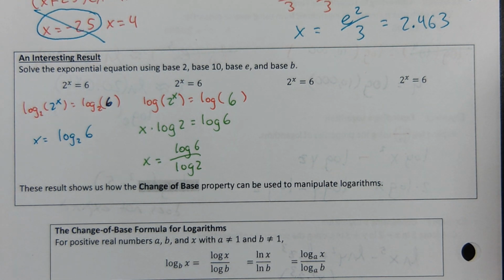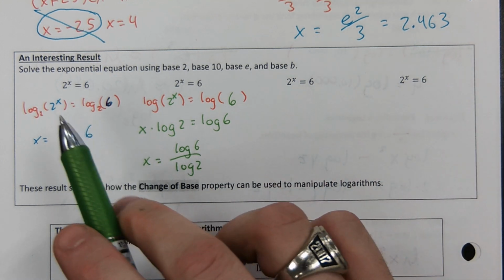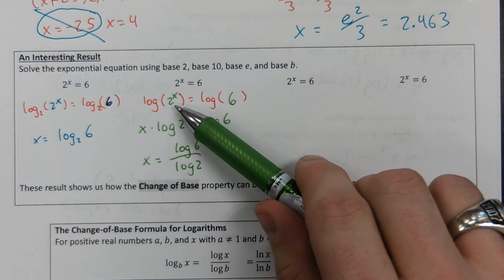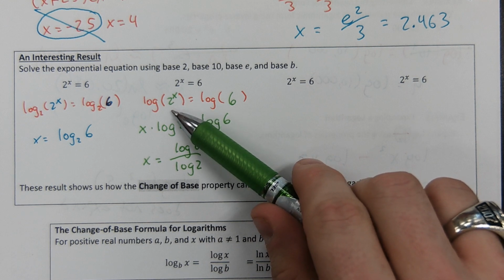Are you with me so far? We have solved using exponential base 2. We have solved using log base 2. We've solved using log base 10. Yes, Brock. Why'd you take the 2 away from this one? The 2 away? In green? Or in blue?